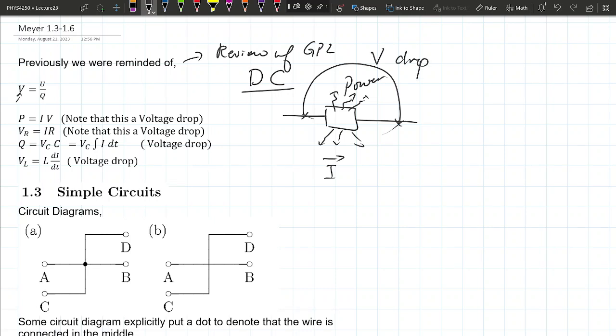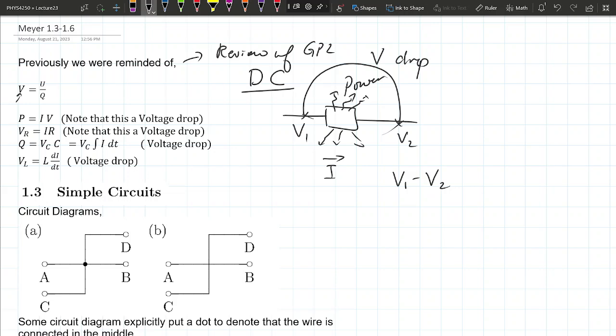So whatever V1 and V2 are, the voltage drop is initial minus final. Up here, the equation indicates voltages at different places, whereas in these equations it indicates how much it falls when you go across.